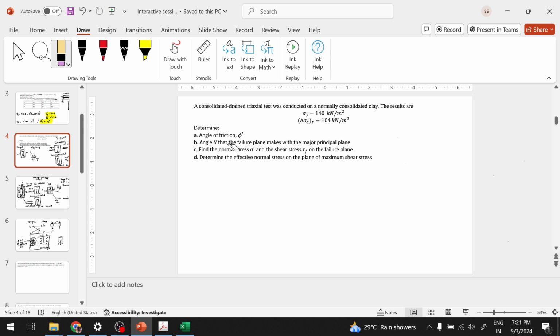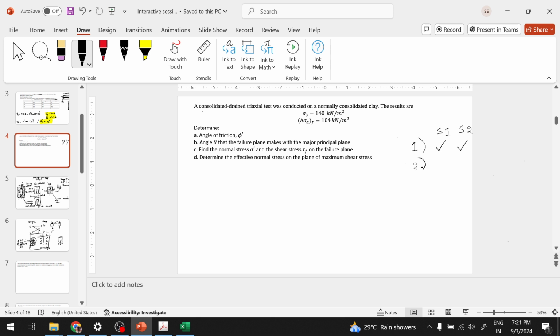the question reads a consolidated drained test. So now when we look at consolidated drained, we will know that in stage 1 we have allowed drainage, drained. In stage 2 we have allowed drainage. This is the first thing that will come to our mind.